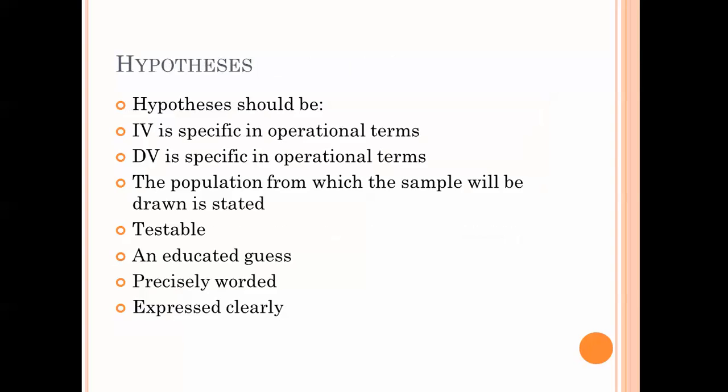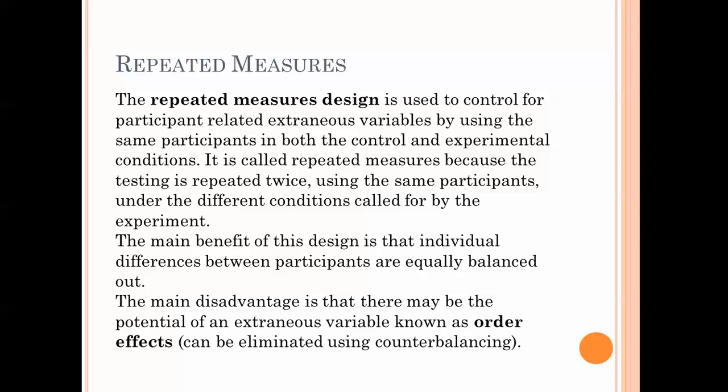Okay, there are 3 different types of research designs that you can do. So once you've got your sample through convenient sampling, random sampling or stratified sampling, then you have 3 different options of how to carry out your research. So the repeated measures design basically means that whoever in your sample will actually be in all of the groups within your study. So again, if we stick with the lollies and IQ, you would have 20 participants.